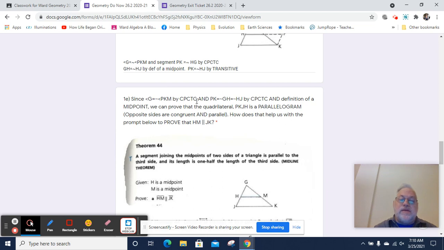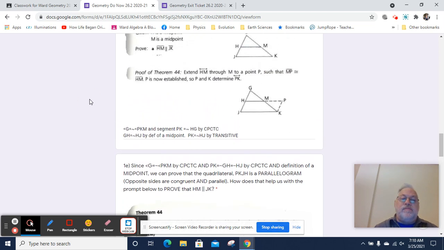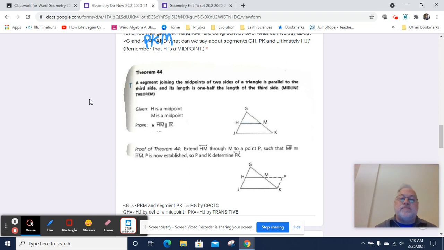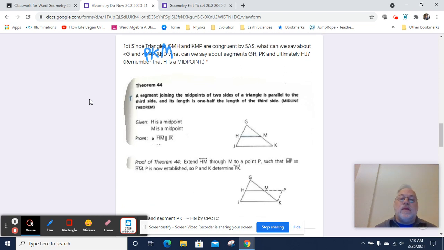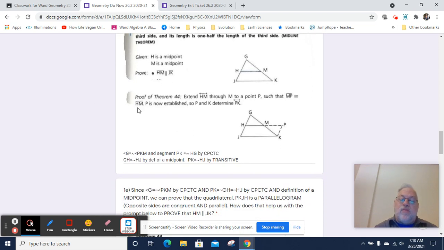And the reason it's a parallelogram is that the opposite sides are congruent. And because angle G and angle PKM are congruent, those are alternate interior angles, which means that this makes GK a transversal for two parallel lines.